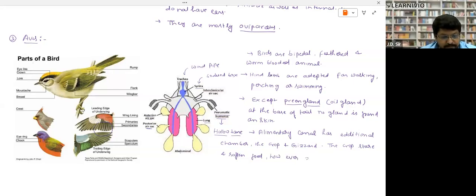However, the gizzard helps in crushing and churning food.